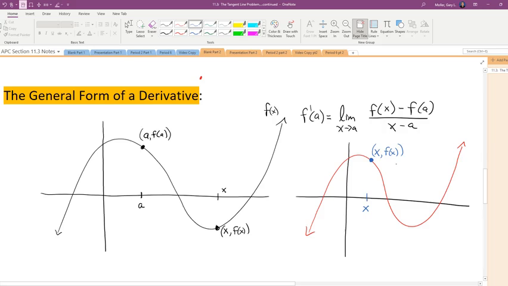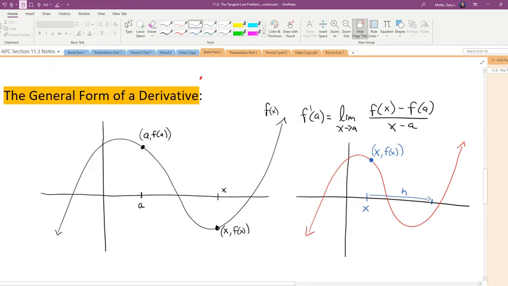Then instead of picking another point like we did before, we're going to pick the same concept. We're going to come out this far to here, but instead of naming this point, I'm going to name the distance that we traveled h. So now, instead of two named points like before, we have two points.